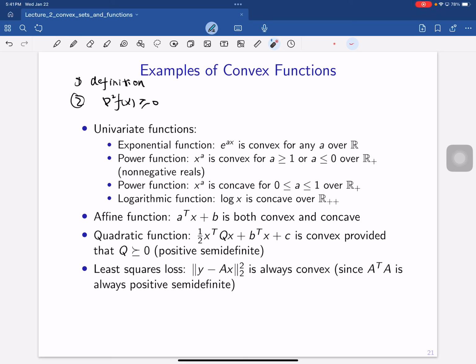You take the 2-norm, that means you are taking y minus Ax transpose y minus Ax, right? So for the quadratic function, the Q matrix here is A transpose A. You can easily show that this matrix is PSD.